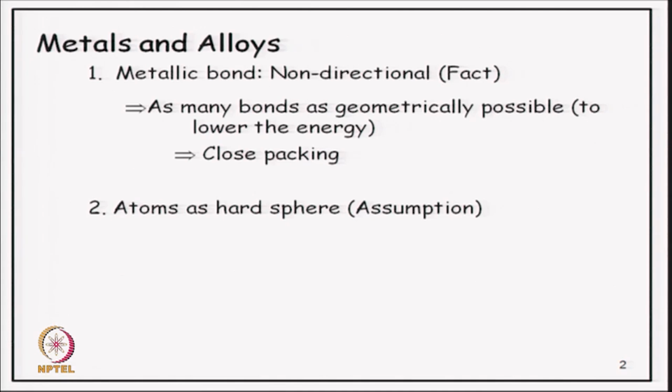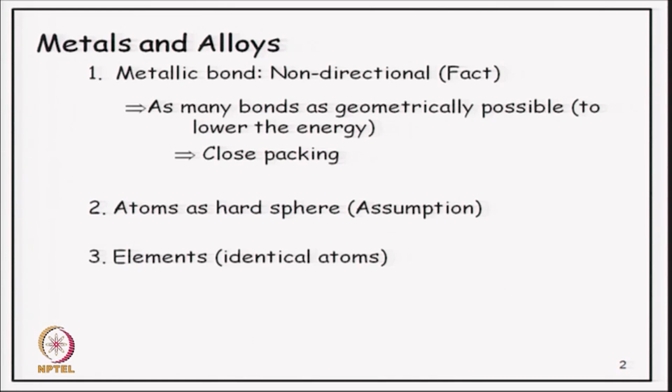The first one, the metallic bond being non-directional, I have stated as a fact. The second statement is to assume atoms as hard spheres. This of course is an assumption which is valid in many cases, but not strictly true.